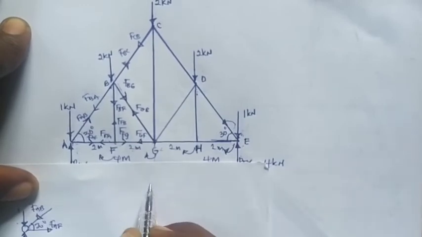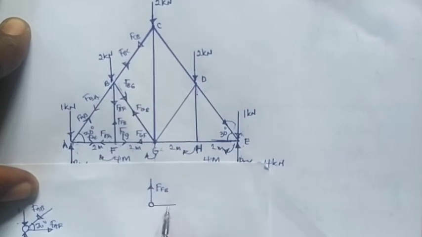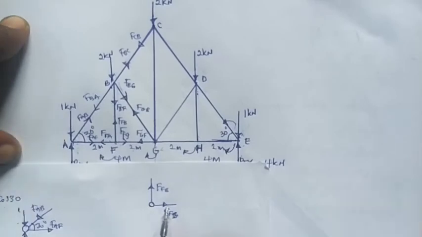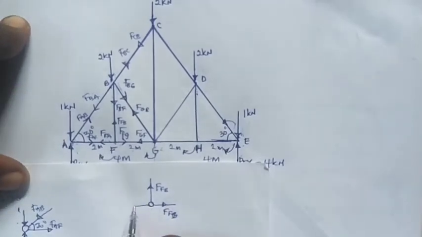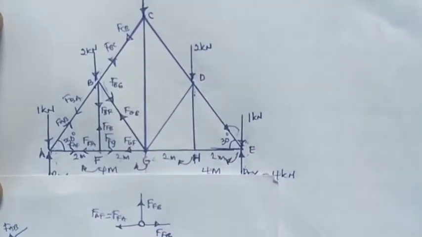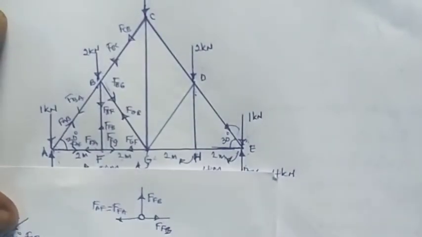We have this guy going straight up, which is FFB, and this guy coming here, which is FFG, right? And make it capital letter. We also have this guy here coming in this direction, and that will be FFA, which is also equal to FAF, right? So let me include this. So this is what we're having here.